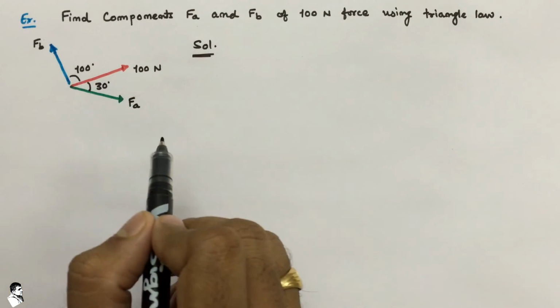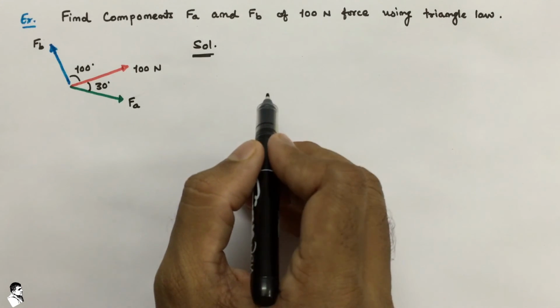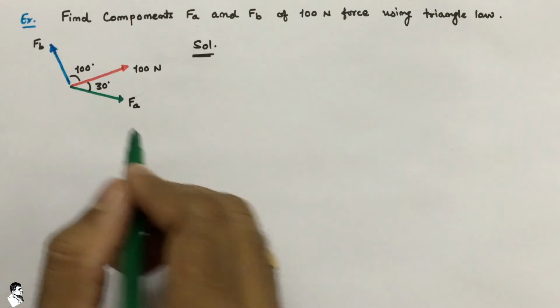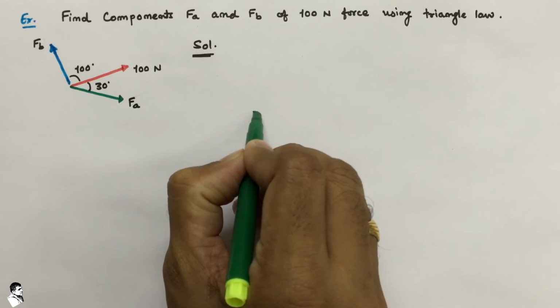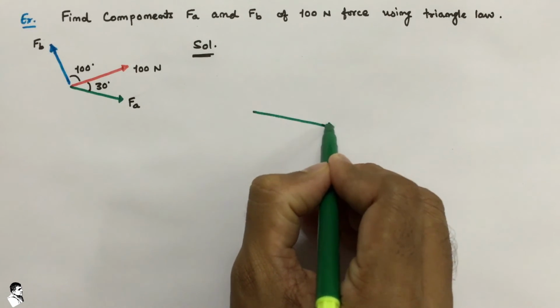So we have some line of action, and with respect to that we can draw another force in this triangle. Starting with that FA force, we just plot FA with respect to its particular direction.